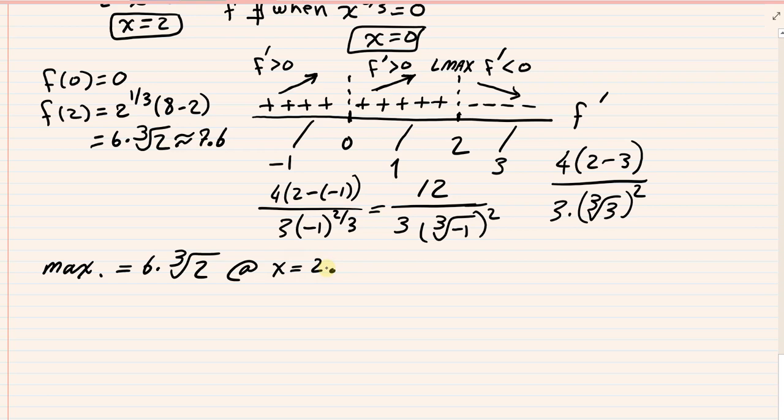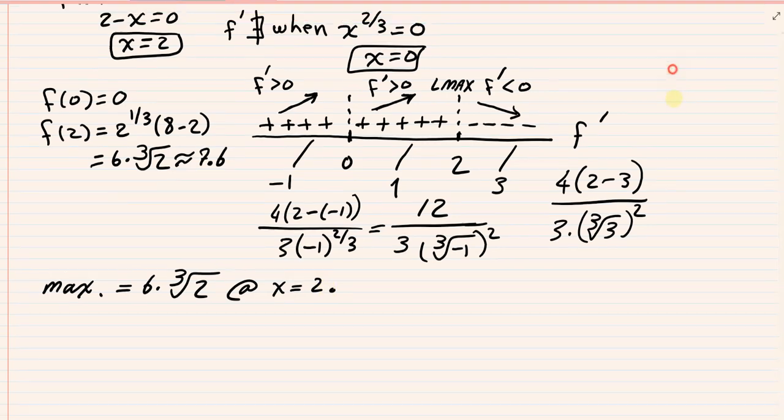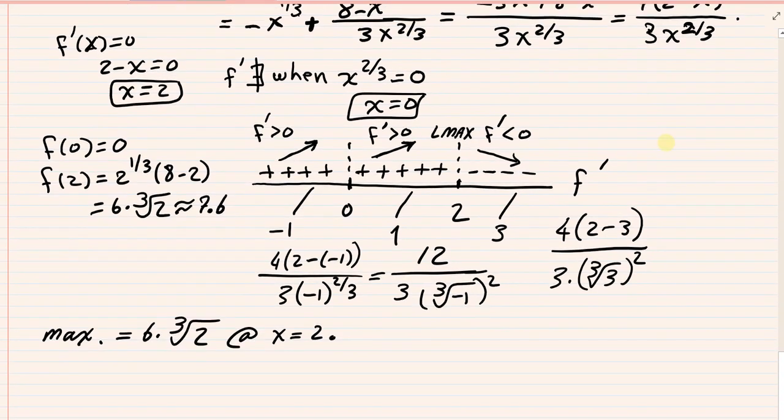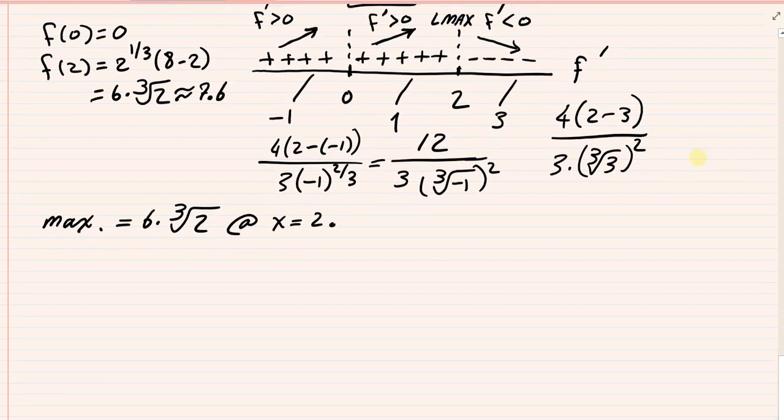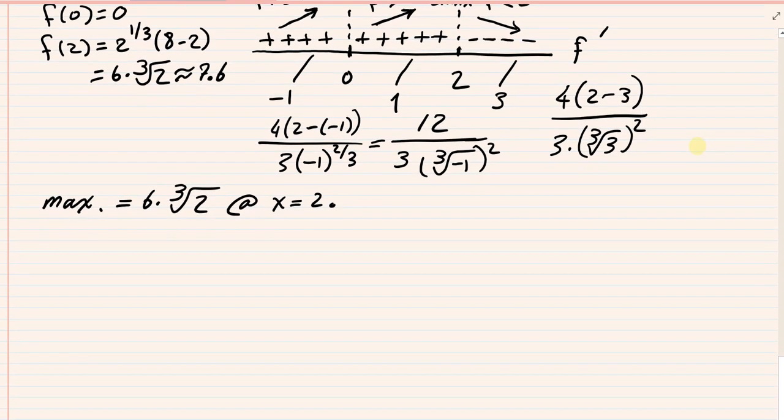There is the maximum. There is no minimum in this case because the derivative is going to be negative forever. So there is no transition from down to up slope. Therefore, there is no local minimum. Okay, so that's what it is. Now, of course, later on, we're going to graph these and see what the graph looks like.